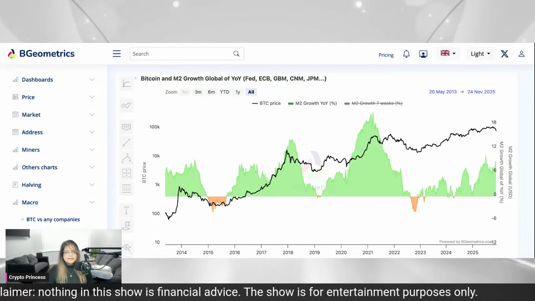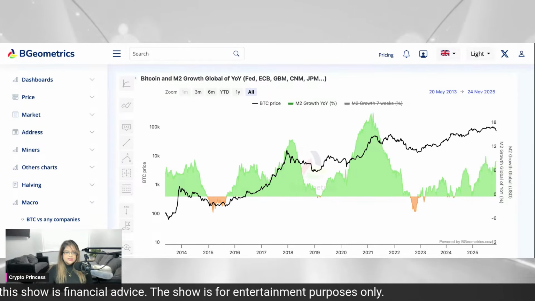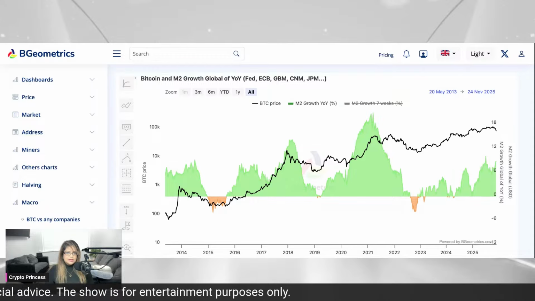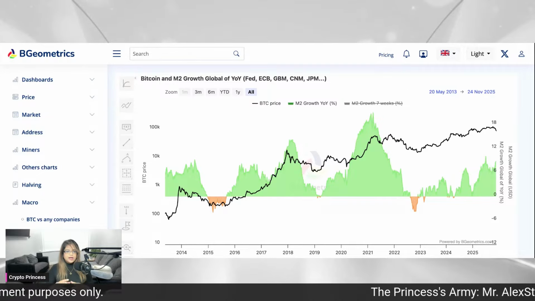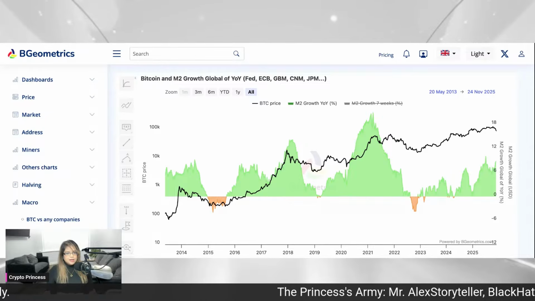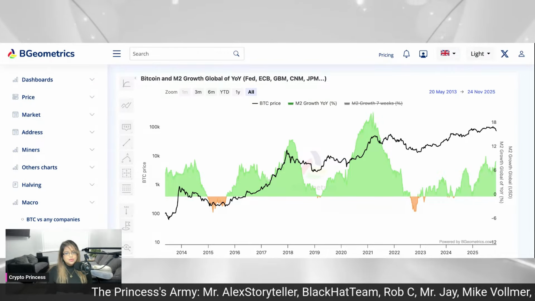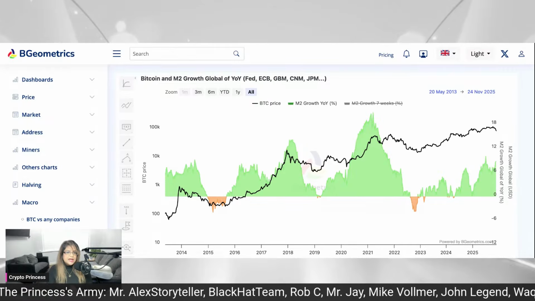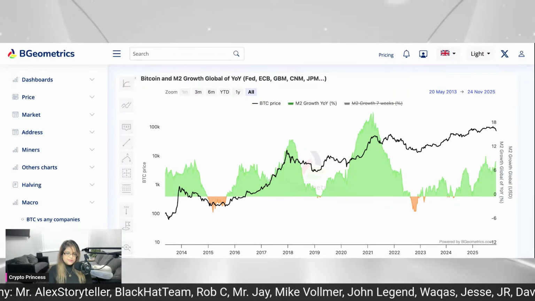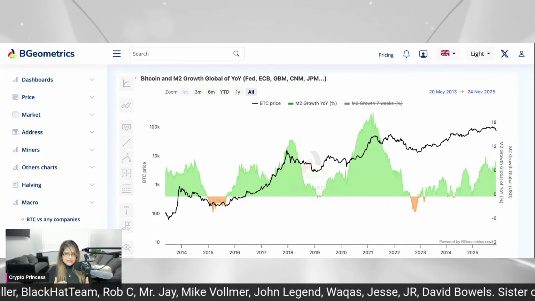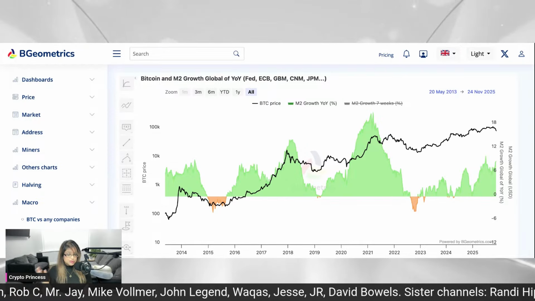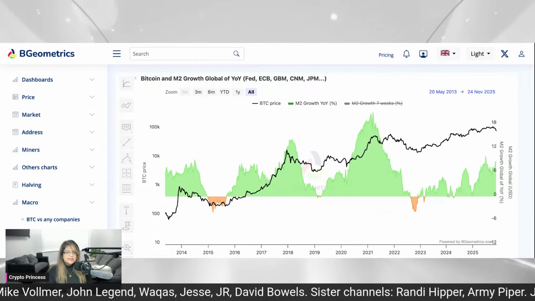Bitcoin doesn't follow it automatically. This is why when people say Bitcoin will pump, but the M2 is falling, serious traders will just ignore that. That's just retail hype. Bitcoin rarely pumps when the liquidity is tight. If the M2 is rising, traders consider it a bullish move.